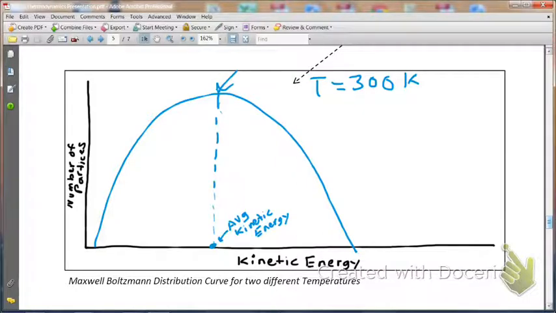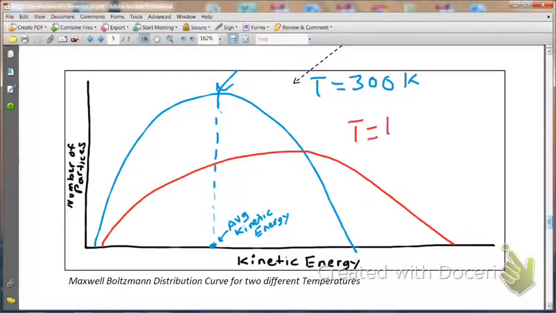All right. So now let's look at a different temperature, and let's increase the temperature and see what the curve will look like at a higher temperature. All right. So we'll say it represents 1,000 Kelvin. Now notice what happens when we increase the temperature.